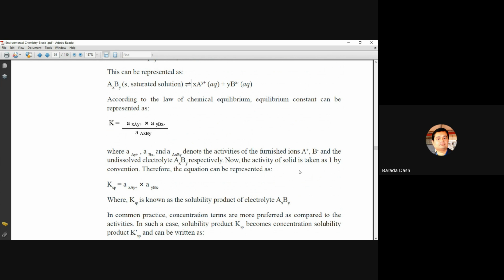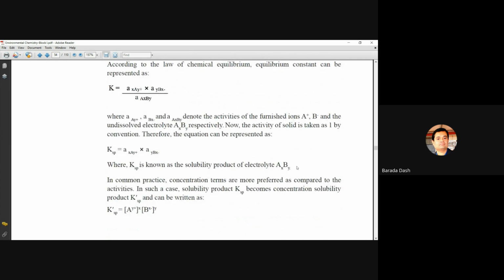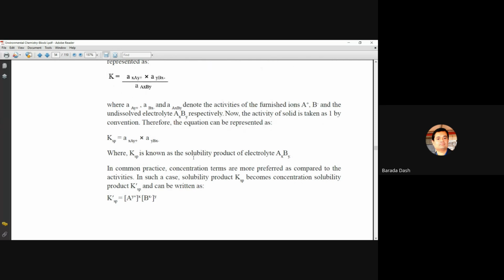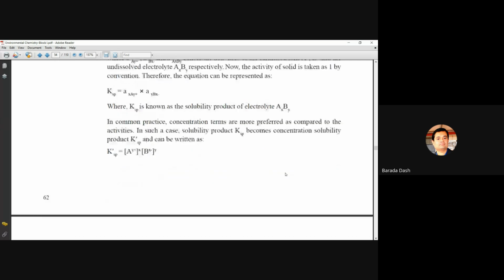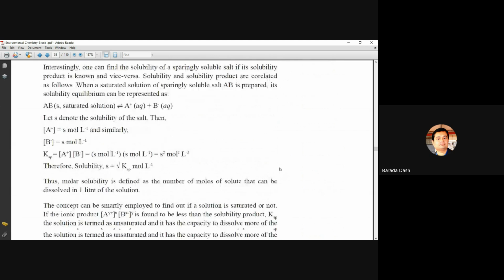Now the activity of a solid is taken as one by convention. Therefore, the equation can be represented as this. Ksp is known as the solubility product of the electrolyte. Okay, so you just go through them.